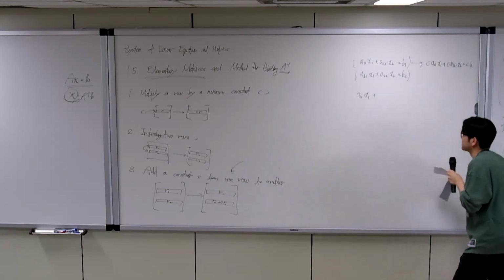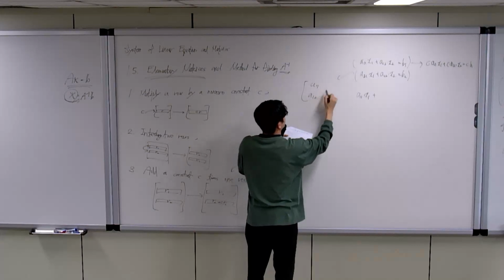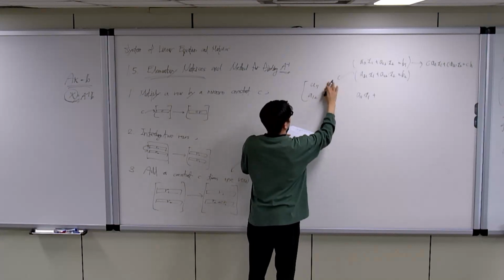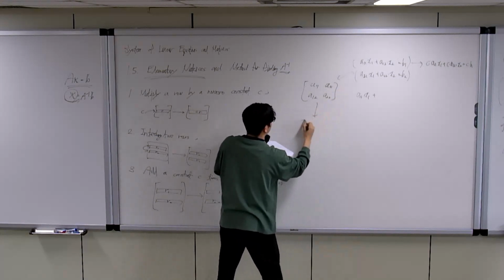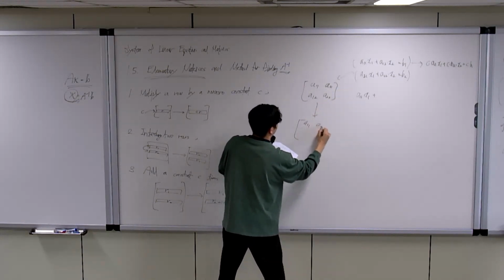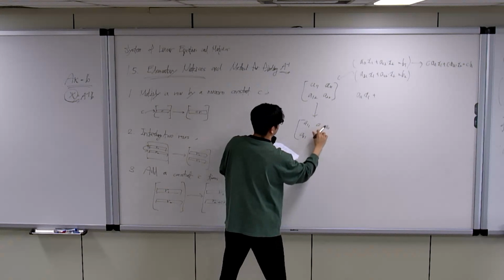I rewrite the matrix: a11 a12, a21 a22, and the column operation will give a21 plus a11, but as a matrix.